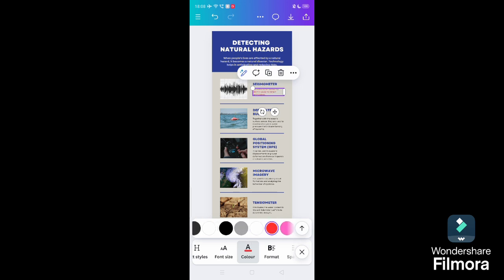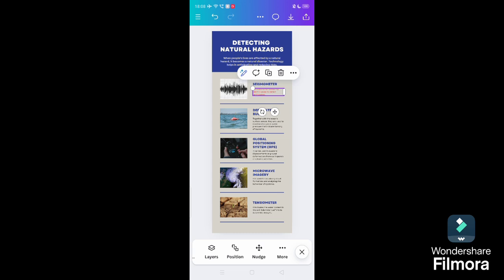We can change the color and the size, and you can see that we can edit the font, change the text style, the font size, the color, the format, the spacing, effects, animate, transparency, layers, positions, nudge, and many more.